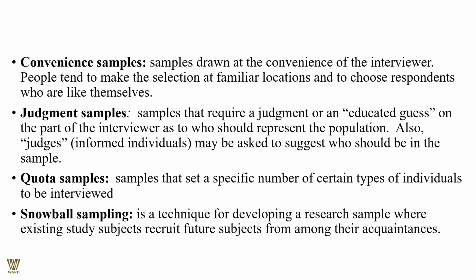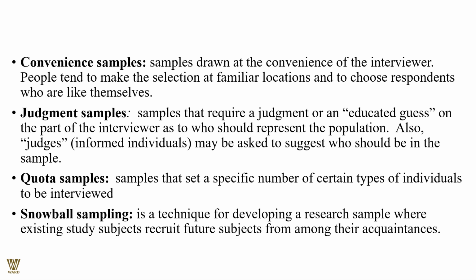So convenience sampling draws at the convenience of the interviewer. People tend to make selection at a familiar location, definitely in the vicinity of my home. Probably that is what I would like to choose. Choose respondents who are akin to myself, people who are in a similar age bracket, similar outlook. Judgment sample requires judgment or an educated guess on the part of an interviewer as to who should represent the population. Also, judges may be asked to suggest who should be in the sample.